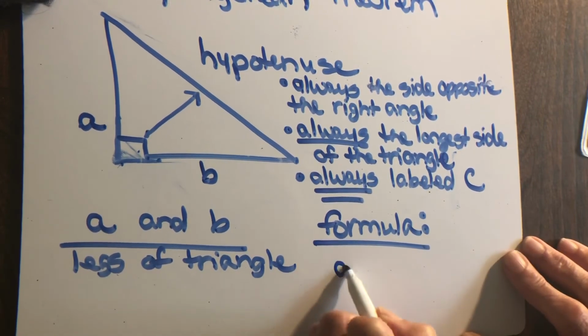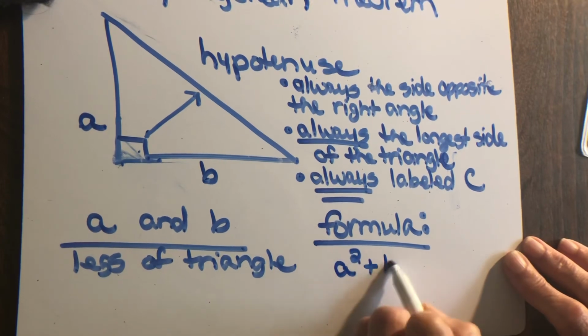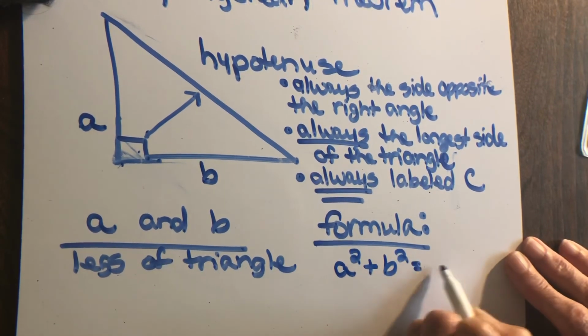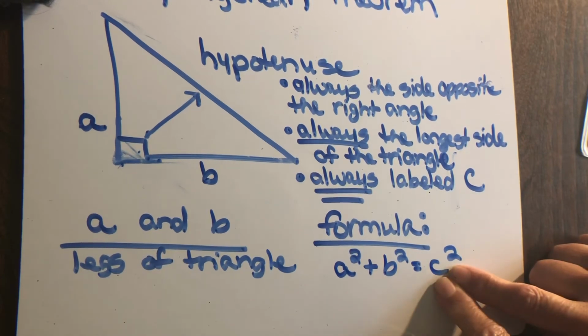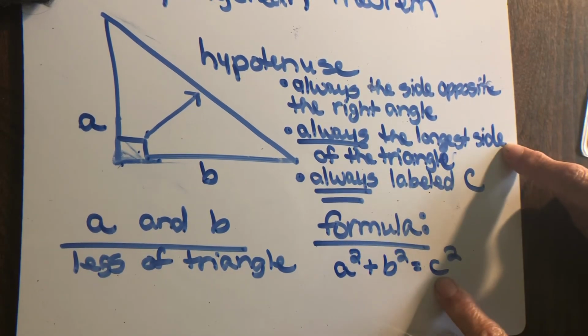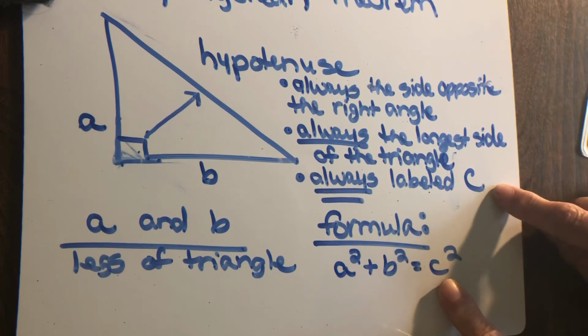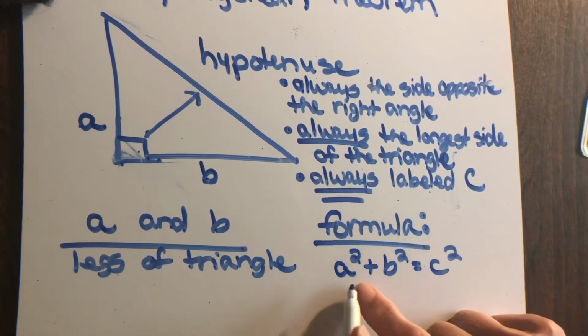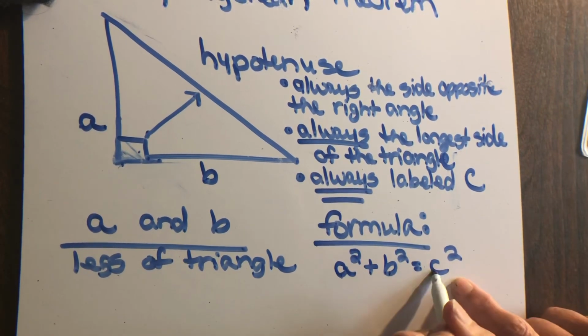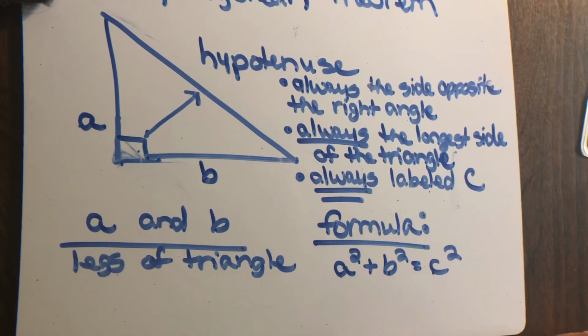So here it is: A squared plus B squared equals C squared, where C is the hypotenuse, the longest side of your triangle, and it's always labeled C. Now in the next few videos, we're going to get started working some problems, solving for A, solving for B, and solving for C. So get your pencil and your paper and a calculator, and let's get started.